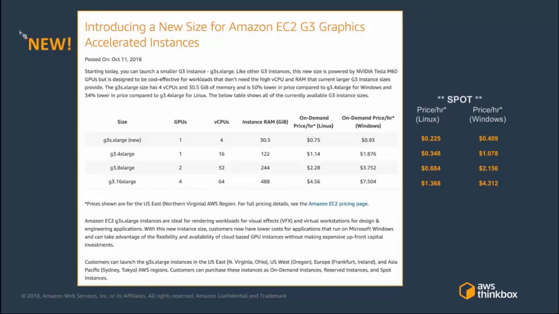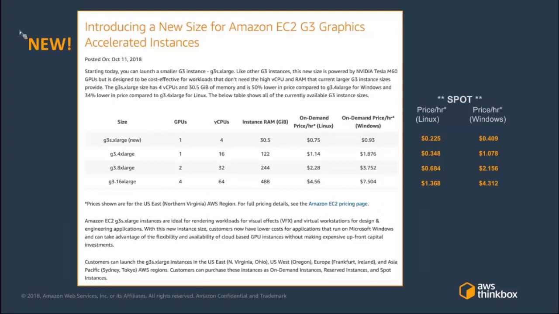It has a reduced number of CPUs and RAM. It's still got over 30 gig of RAM inside this machine, and it's referred to as the G3S extra large. As a result, the on-demand price, both for Linux and Windows, is dramatically lower than the previous 4XL instance type.